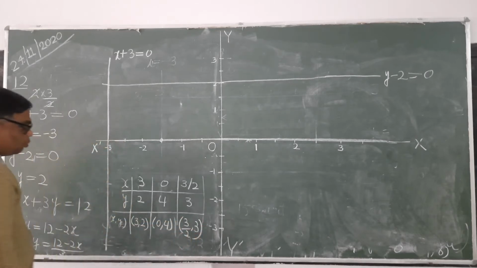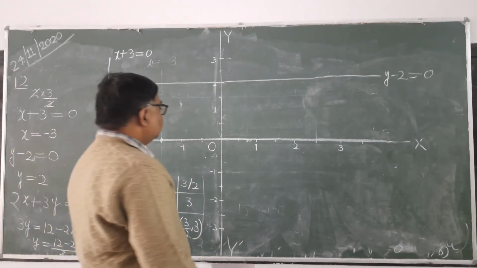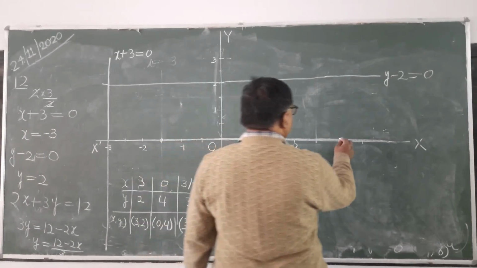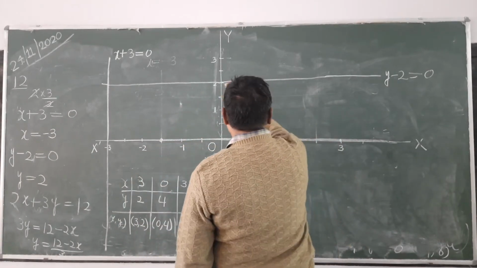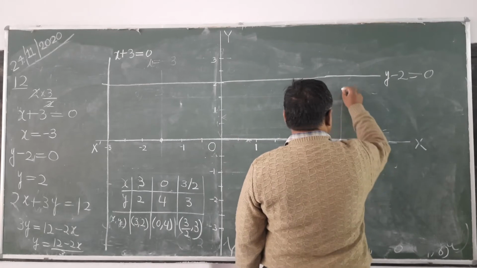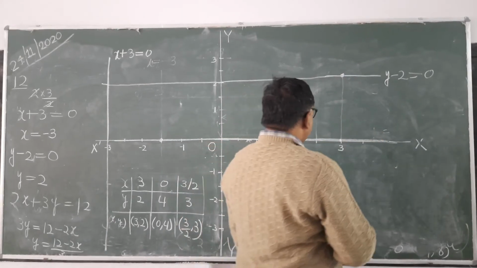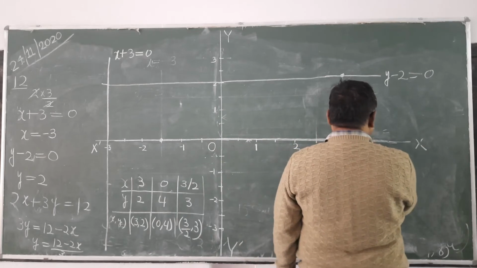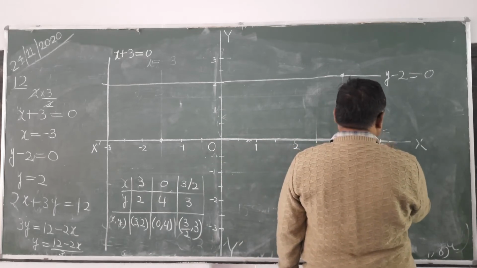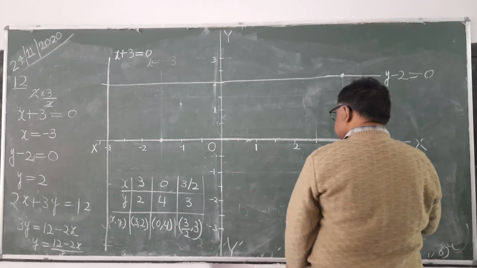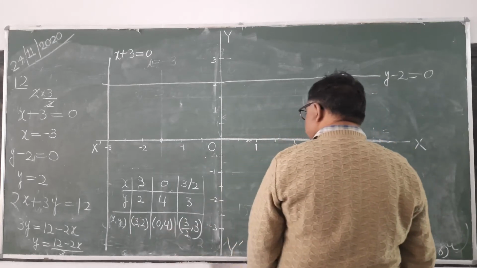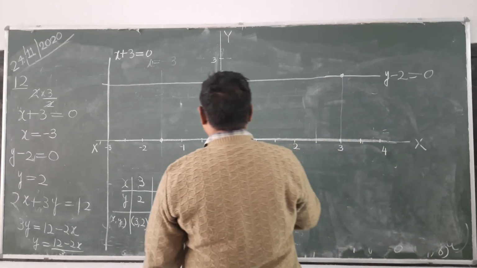You plot these points. So 3 comma 2, in front of 3 on x, in front of 2 on y. So it will be this point. It's clear? Here you plot 4 also, because there is one point here. Then 0 comma 4 here you have to plot.